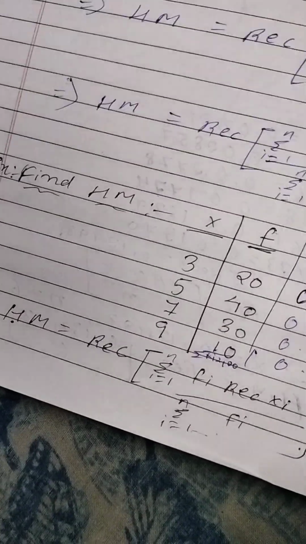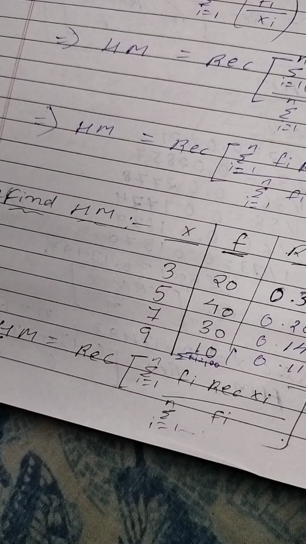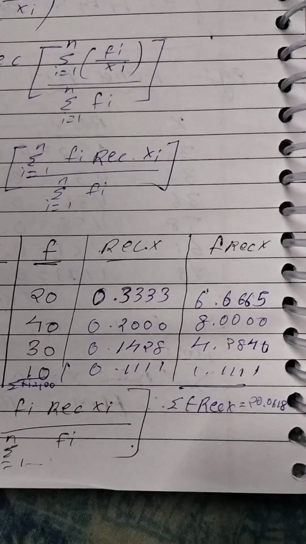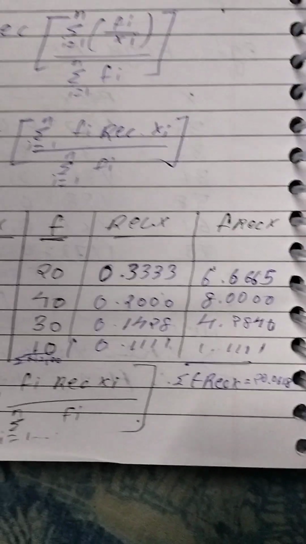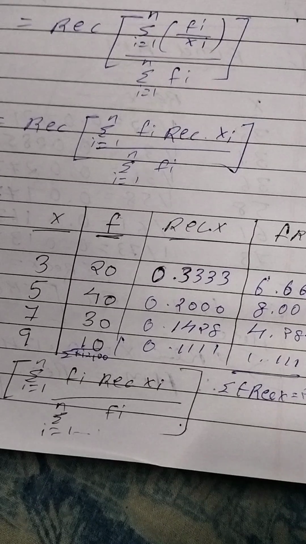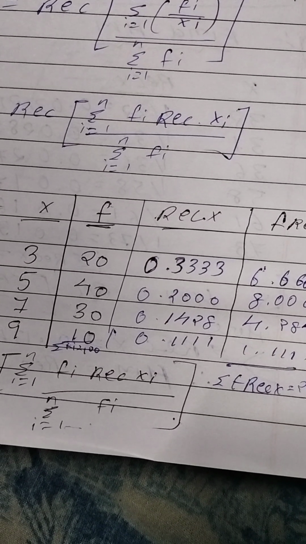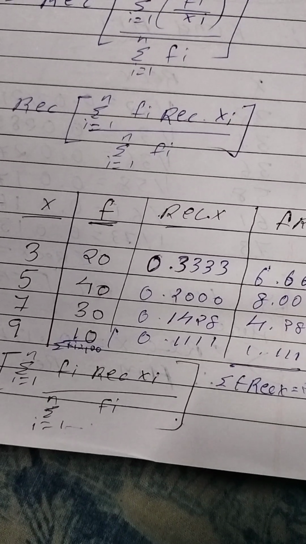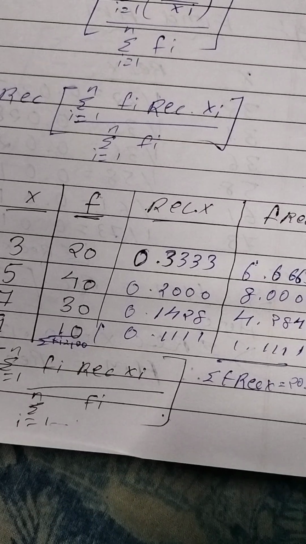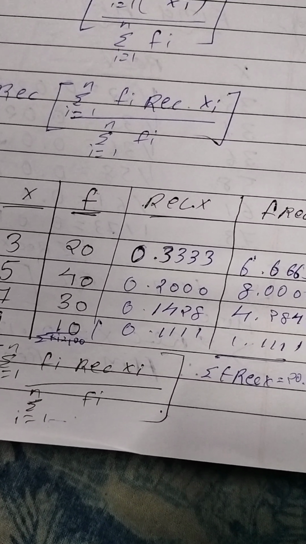Then we have illustrations where the question is to find the HM. So in the HM, the X observation is there, the F observation is there, then the reciprocal of X and F. When we write the reciprocal of X, it means like 1 by 3, and when you calculate 1 by 3, 1 by 5, 1 by 7, 1 by 9, you get 0.333, 0.2000, 0.1428, 0.111.